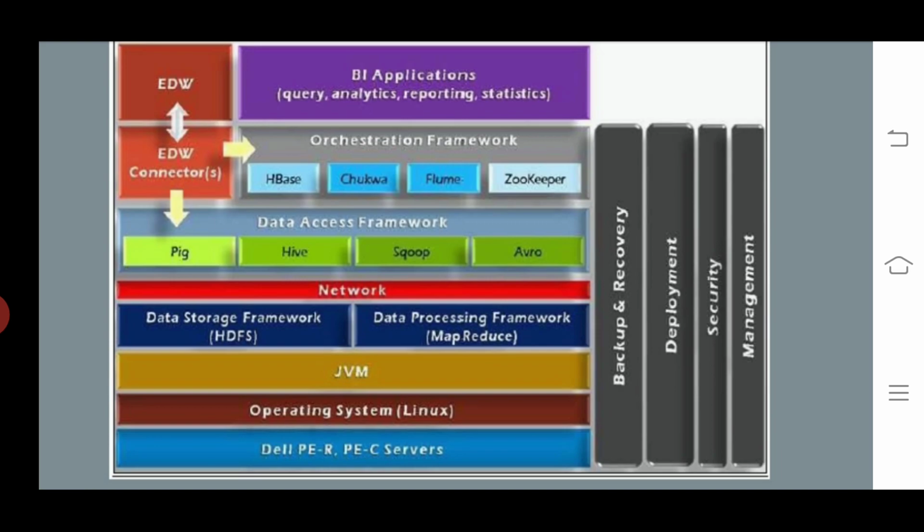First one is, what is a block? A disk has a block size, which is the minimum amount of data that it can read or write. File systems for a single disk are built on this by dealing with data in blocks, which are an integral multiple of the disk block size. File system blocks are typically a few kilobytes in size, while disk blocks are normally 512 bytes.